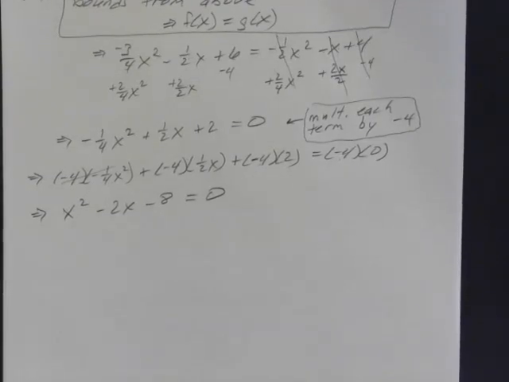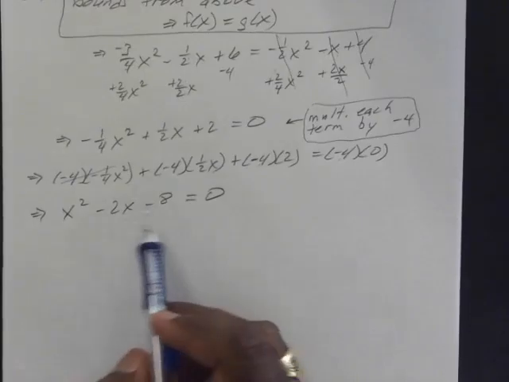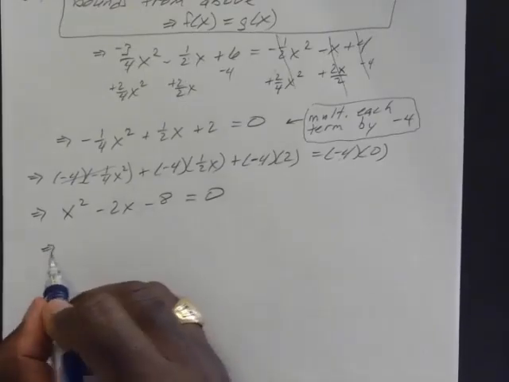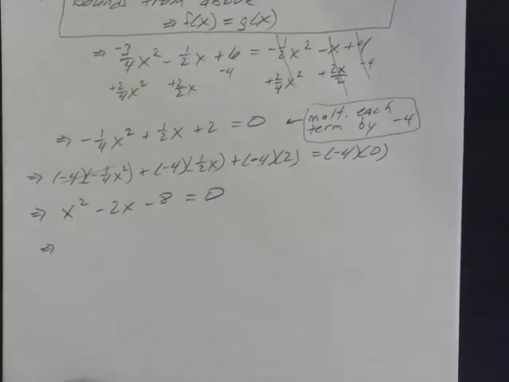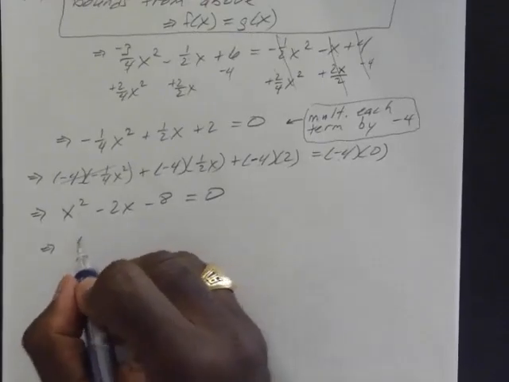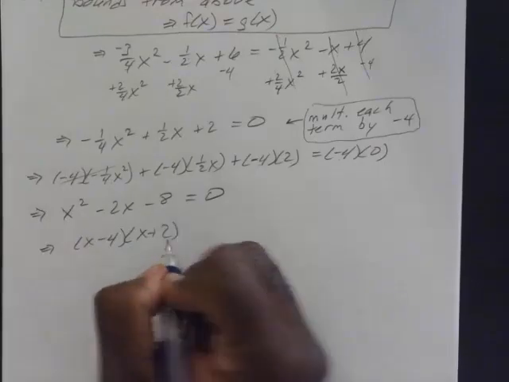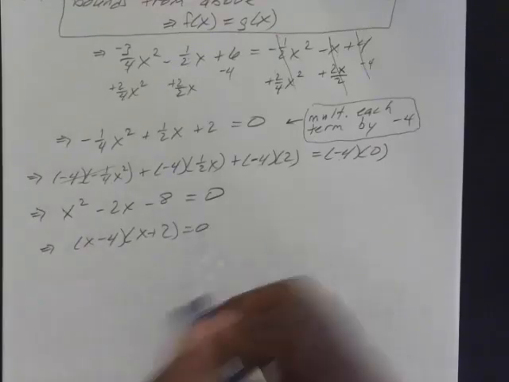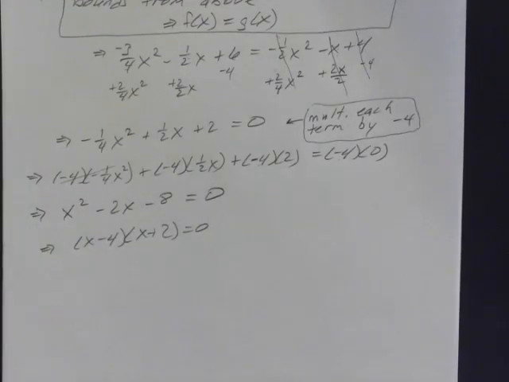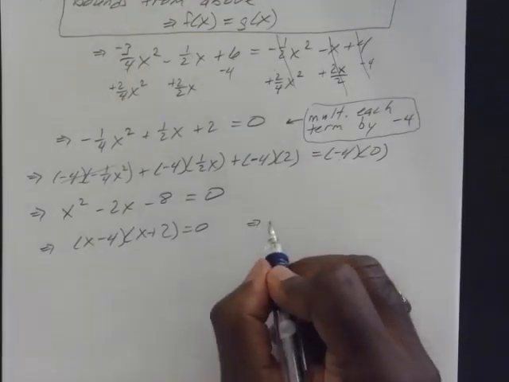Okay, so now just using the zero factor property, we just have to factor the left side. So we know x squared minus 2x minus 8 simplifies to become x minus 4 times x plus 2 is equal to 0. Which means that x minus 4 can equal 0 and make that true, so x can equal 4.